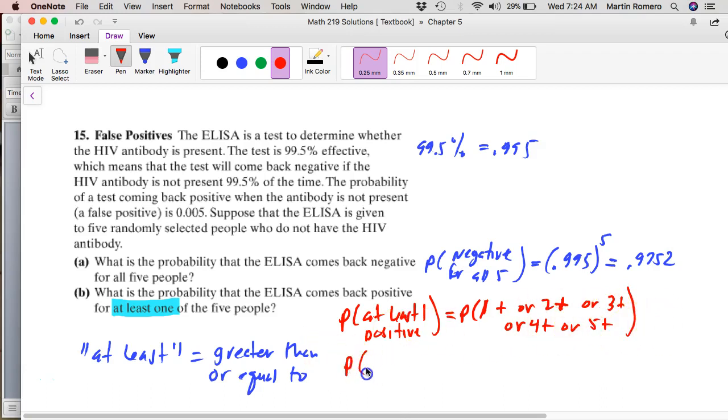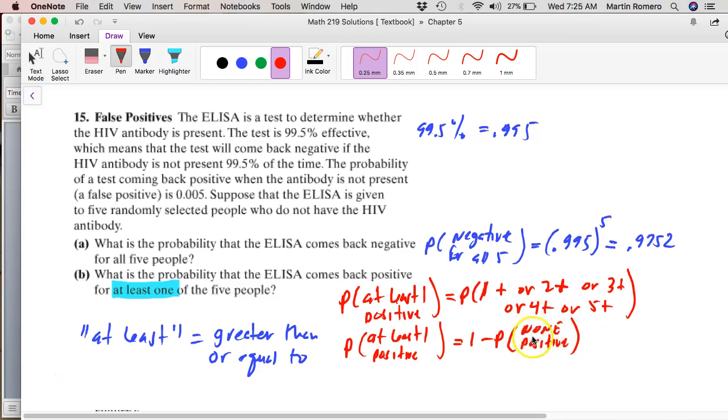Another way to answer this would be: at least one positive is equal to 1 minus the probability that none are positive. And so we calculate this none positive.